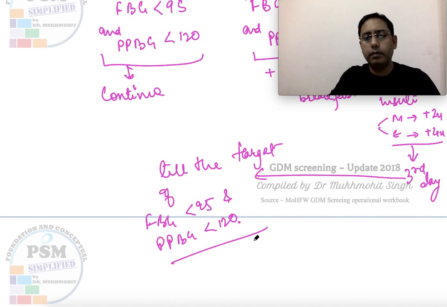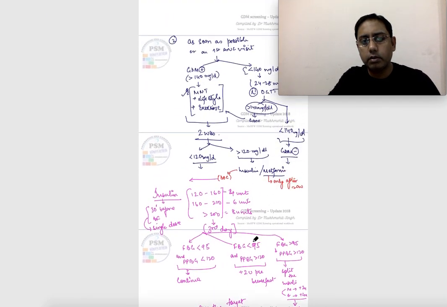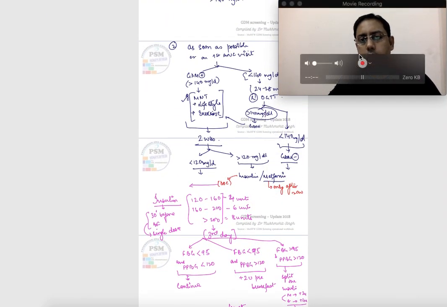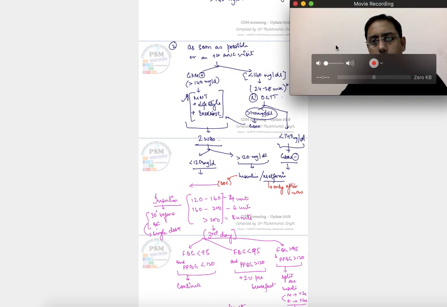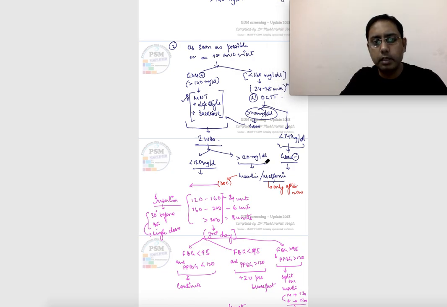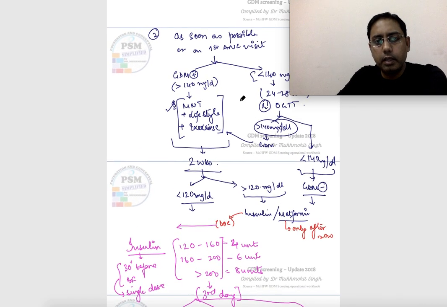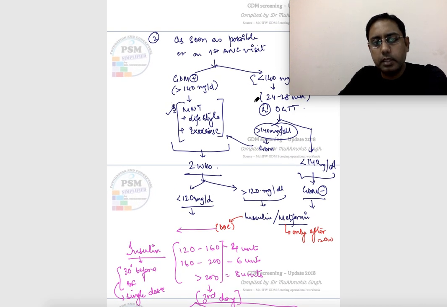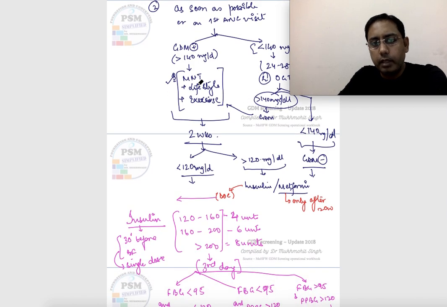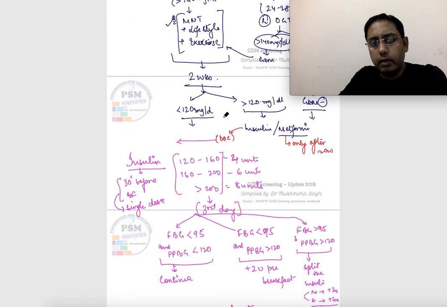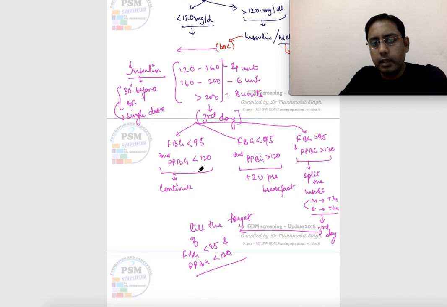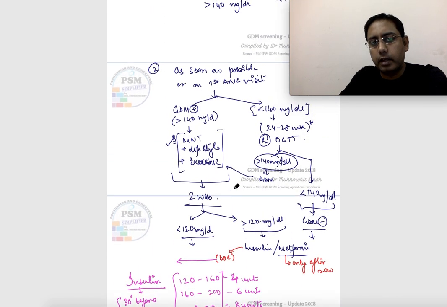So that's how we give the insulin therapy. You can see here, as soon as possible we start with the GDM screening, GDM plus or minus, and then we give medical nutrition therapy, and then you have the role of insulin, and then you have to check the insulin back again.